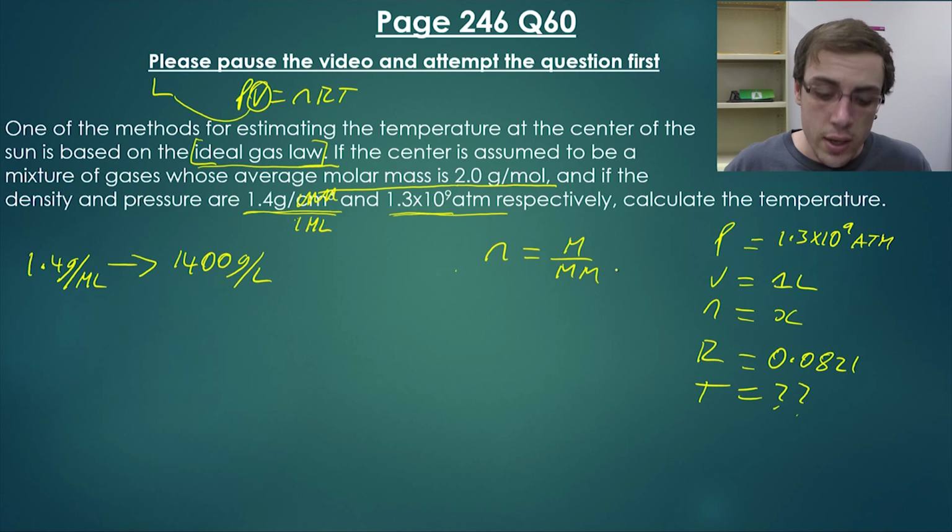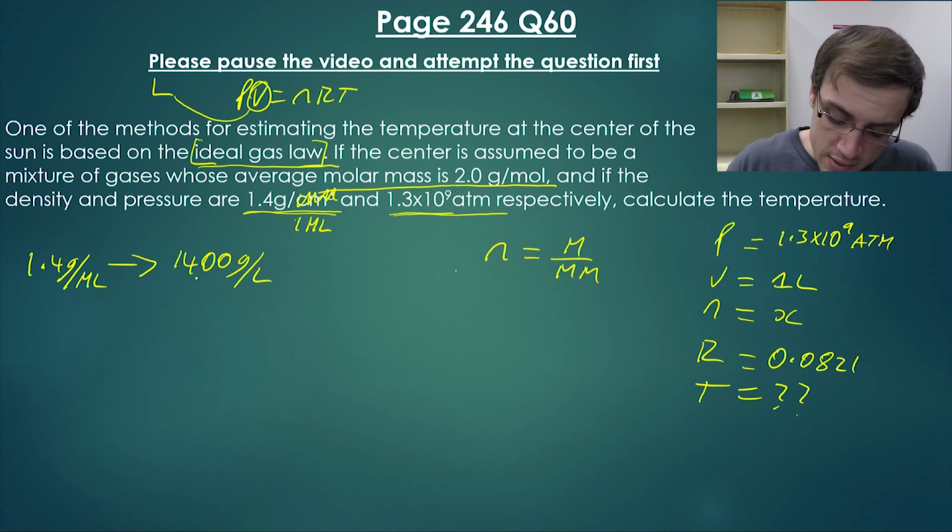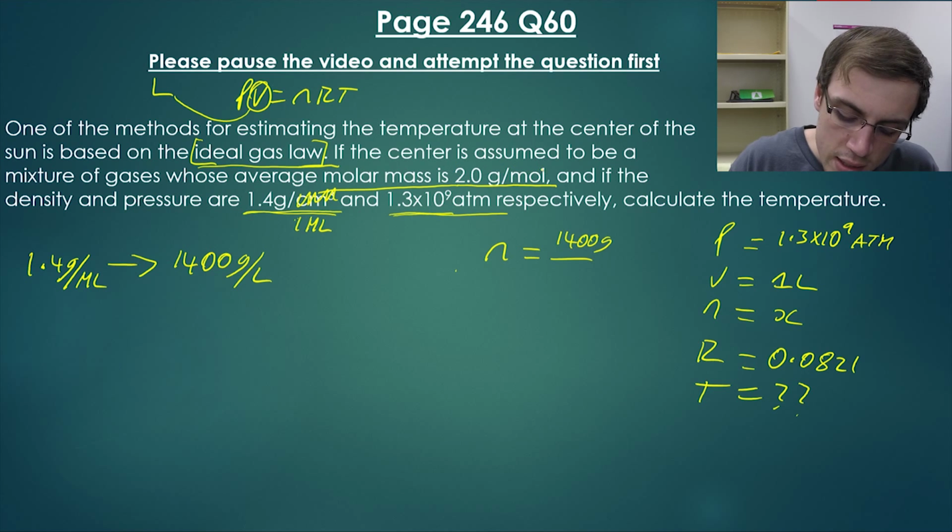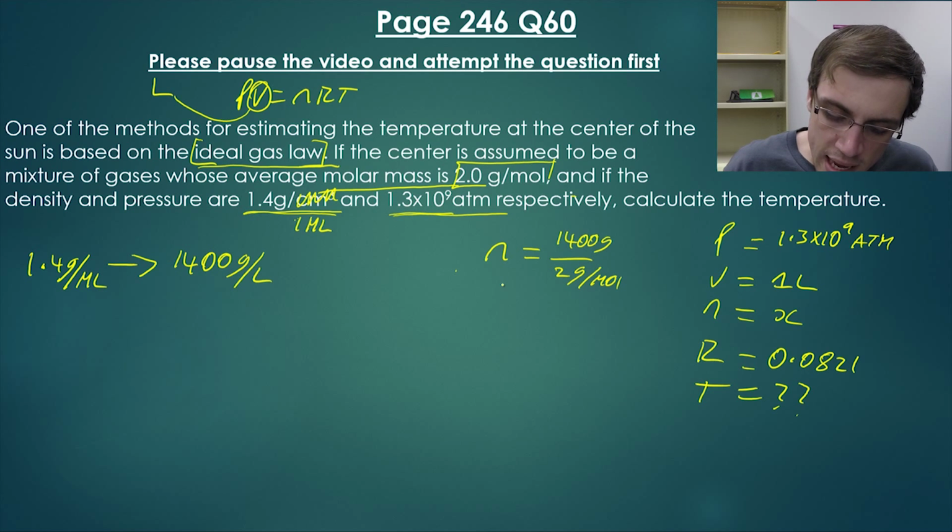Oh, hang on, yes, I do have a mass. We have 1400 grams. And do I have a molar mass? Yes, that was given to us in the question. It's 2 grams per mole. So our moles is 1400 divided by 2, which is 700 moles.